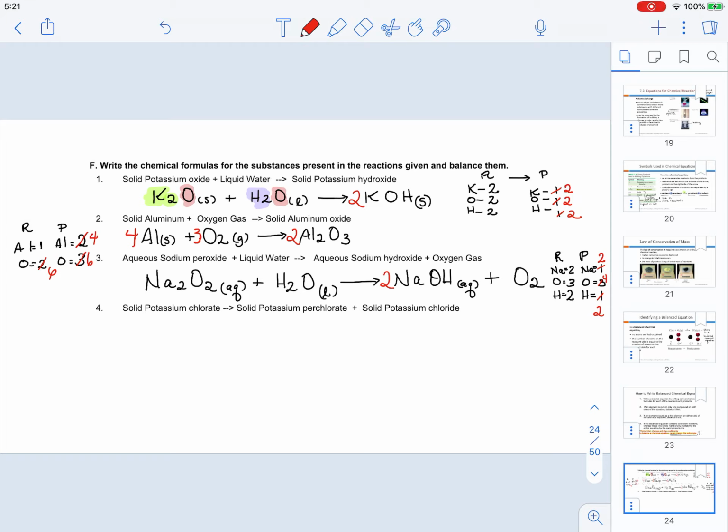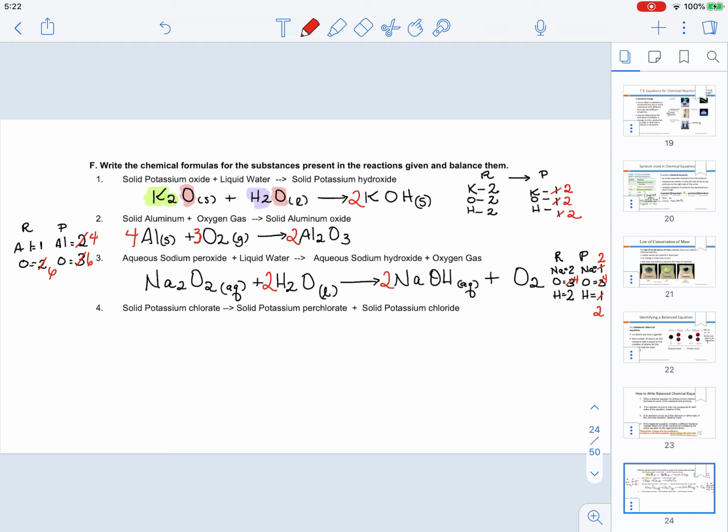Okay. So when you do that, then you have to find a way in which you're going to balance your oxygens. So right now, if you try to balance your oxygens by placing a 2 in front of the water, then now you're going to increase your number of oxygens to 4.